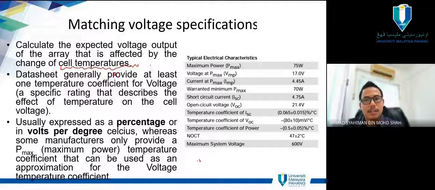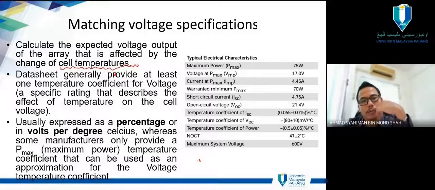From the maximum voltage of the PV array or PV module, we need to calculate it based on the cell temperature. The calculation must be considered based on these factors. That's how we do the calculation.